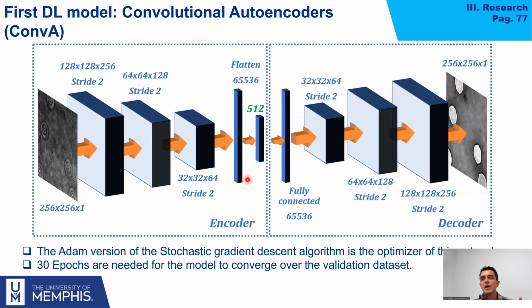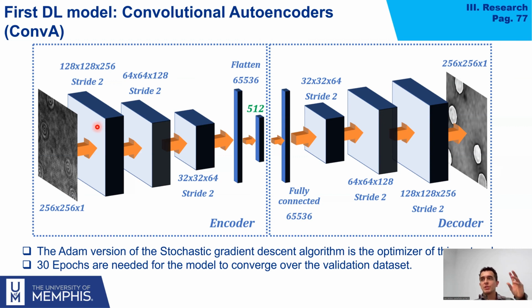So the original idea was, from a hologram, we want to train a model that learns to obtain the phase image information, of course, from the hologram. The encoder that we propose is composed of three stages.